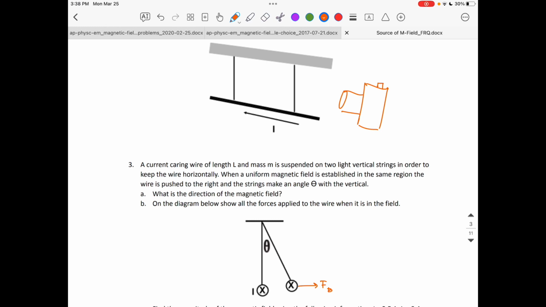We are going to use the right-hand rule, knowing the current goes into the page and the magnetic force is pushing right, then that means there has to be a magnetic field going upward to cause that magnetic force to go to the right. So for the first one, the direction of the magnetic field is up.